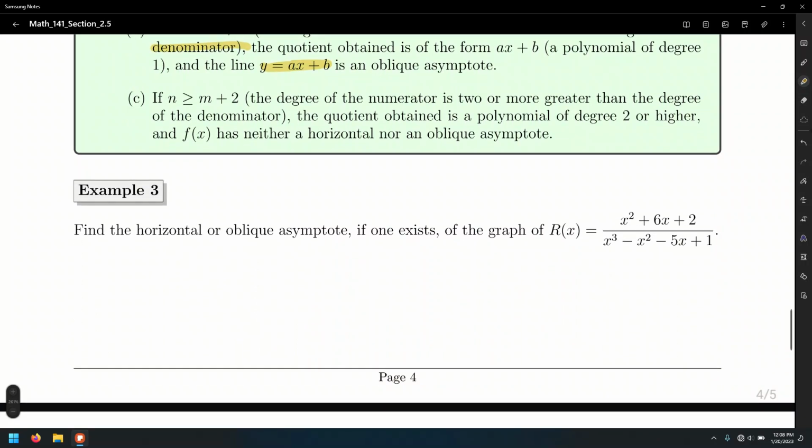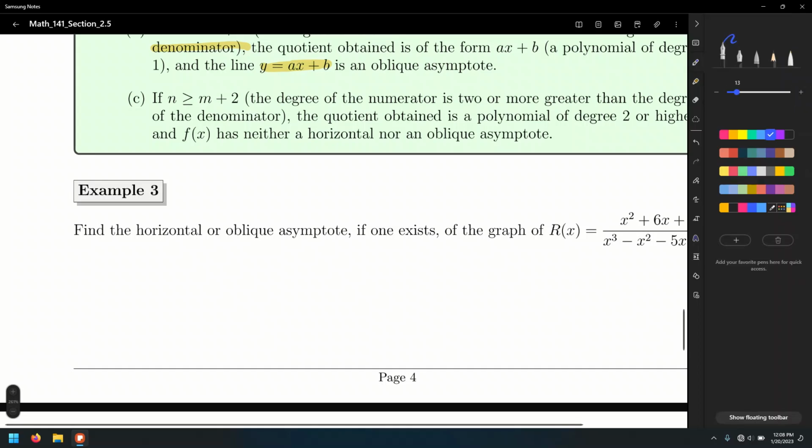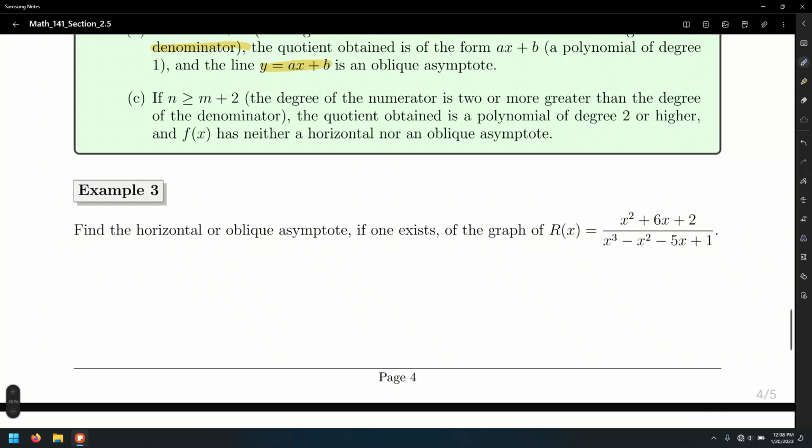Find the horizontal or oblique asymptotes if one exists. So again, for horizontal asymptotes, we don't have to set anything equal to 0 and solve a polynomial equation. I think it's pretty straightforward. We just have to focus on the leading terms.